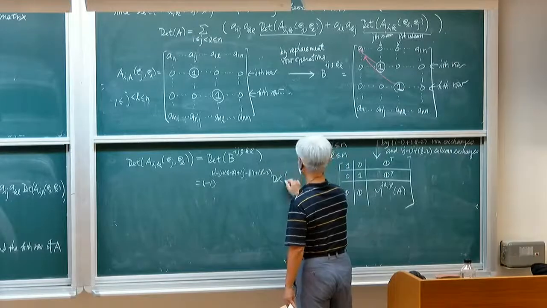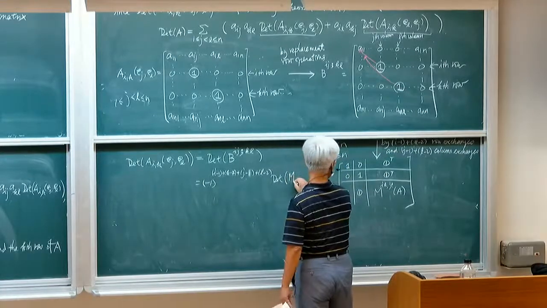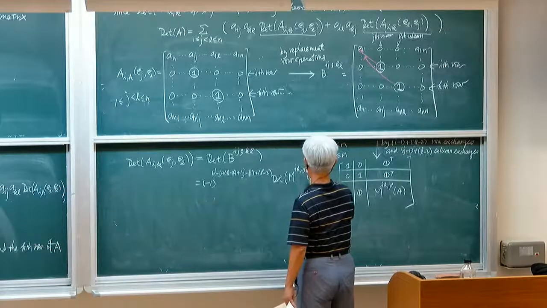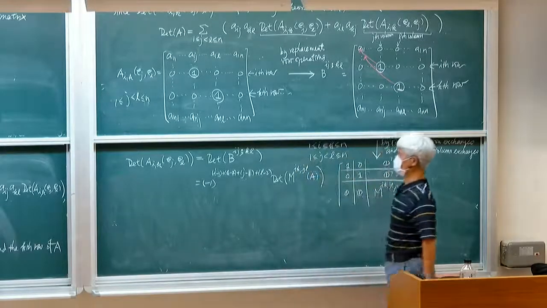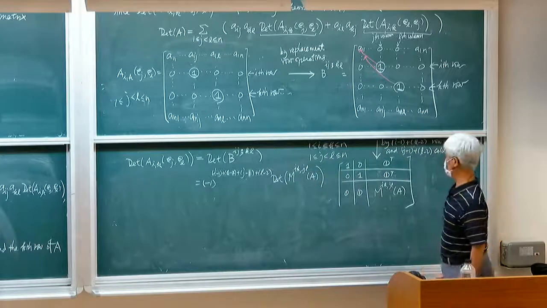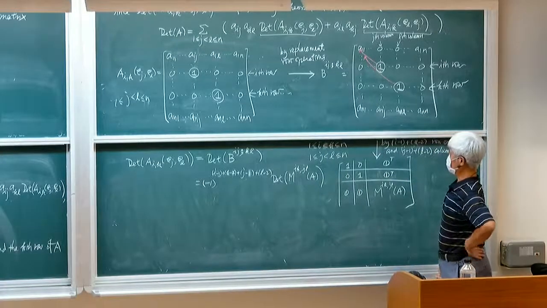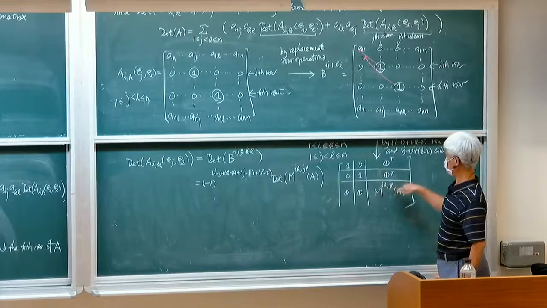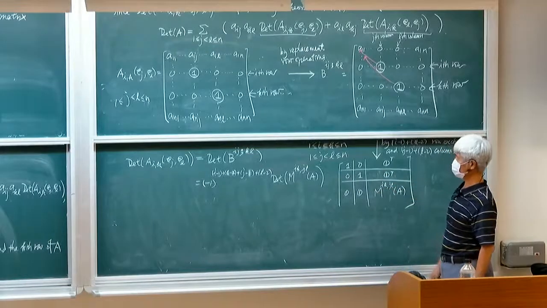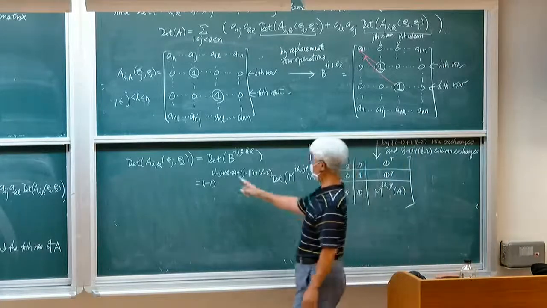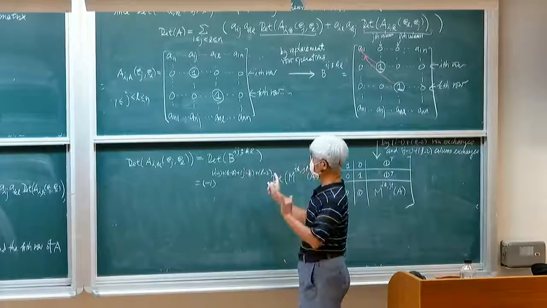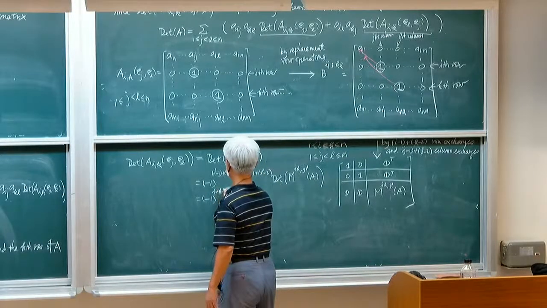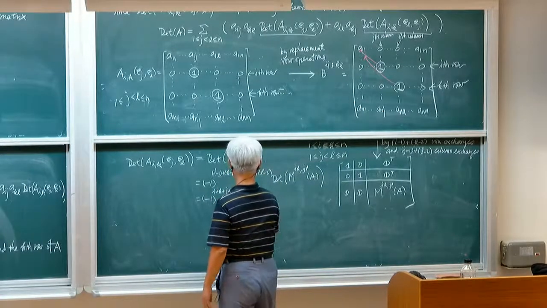So we apply the theorem 4.2.8 two times, and then we get to here. Okay, and the 1, 2, 1, 2 is 6. So this is the same as i plus k plus j plus l.